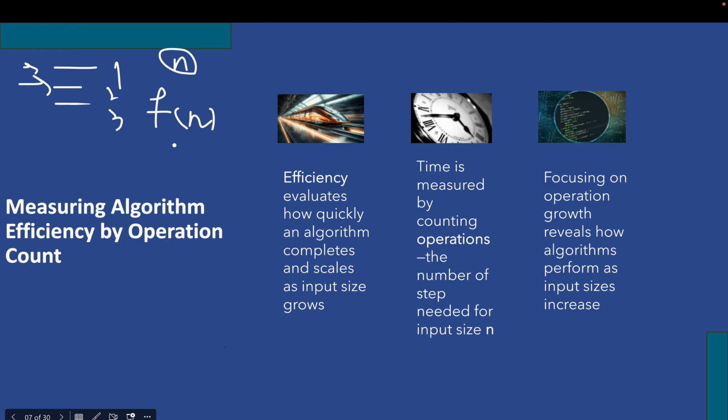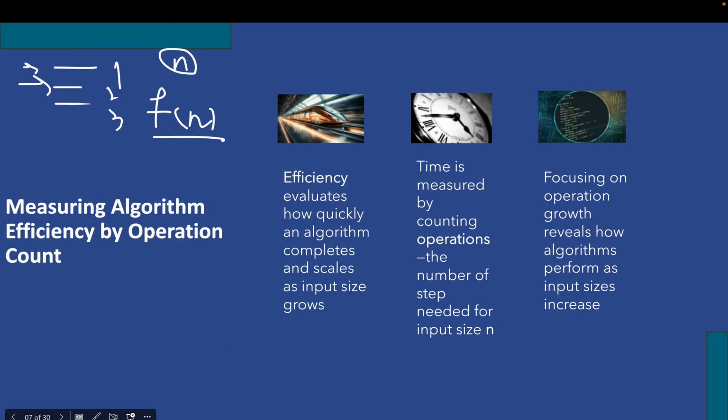This function has the number of your input as a variable, and then you try to understand how rapidly this function f grows when your input increases.